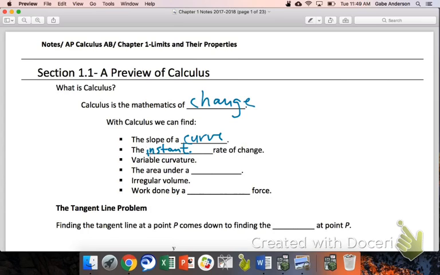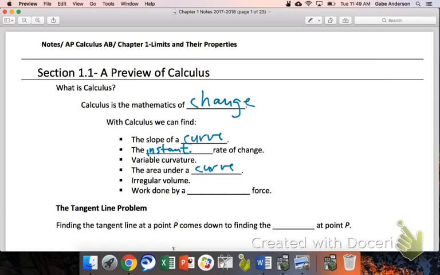We can describe how the curvature of a graph changes from concave up to concave down, how steep it is, how not steep it is. We can find the area under a curve. This is one of the more fascinating things. You're all, I'm sure, very good at finding areas of squares and rectangles and triangles. I think most folks at this point can do that very easily. But what about the area under a parabola?